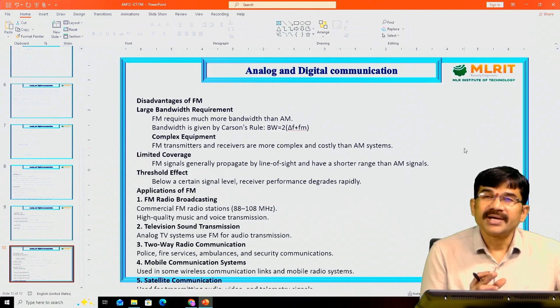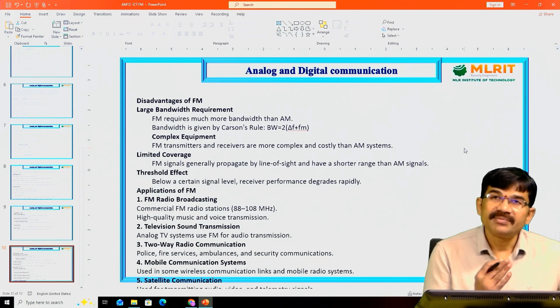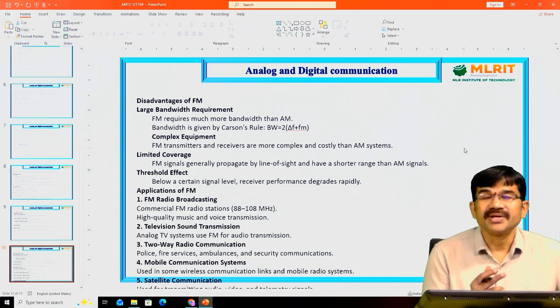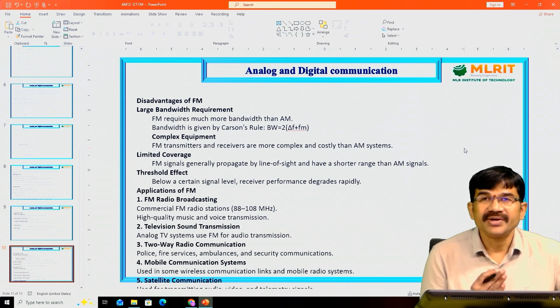If we change the carrier frequency, we call it frequency modulation. If the phase of the carrier changes according to the instantaneous values of the modulating signal, we call it phase modulation. So angle modulation is classified into two types: frequency modulation and phase modulation. And we have defined both.